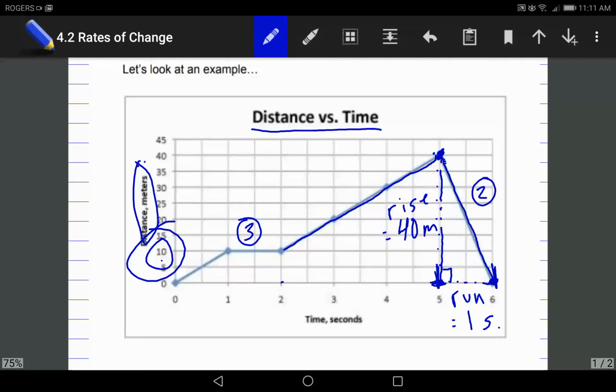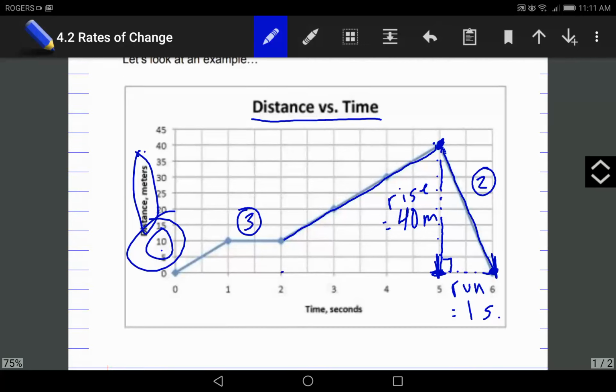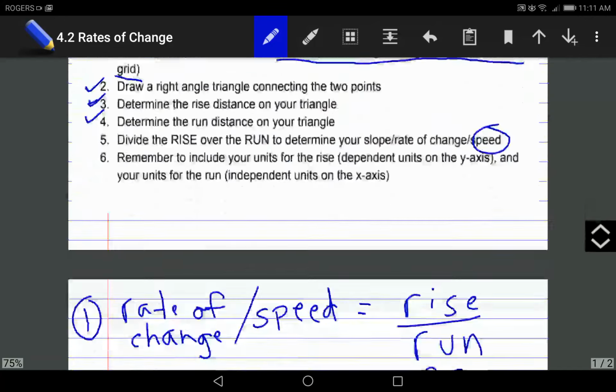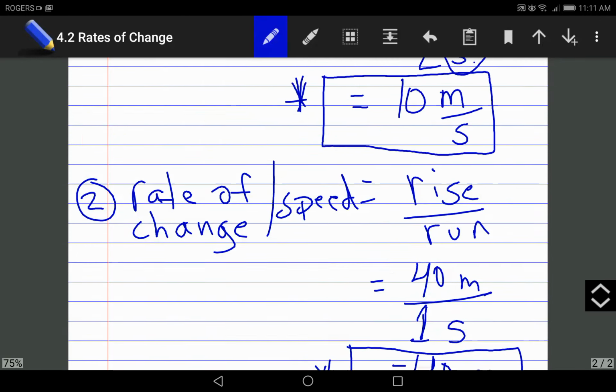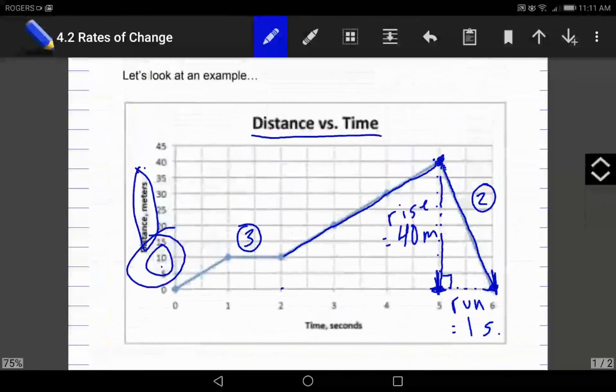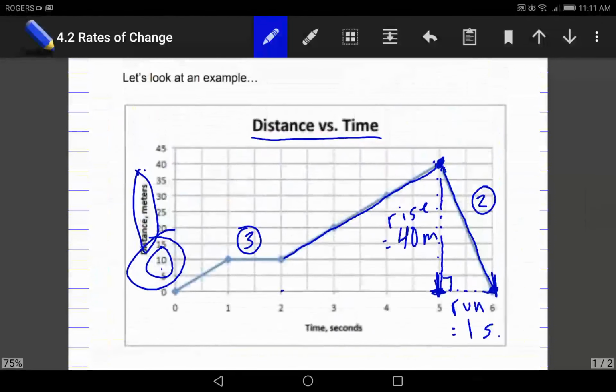It is a decreasing relationship because the line is going down and to the right. So I am going to make my slope, make sure you do this, negative 40 meters per second. It is going down 40 meters for every second that goes by. That's what that means. And let's see. That is true, right? It is going down 40 meters for every second that ticks by.